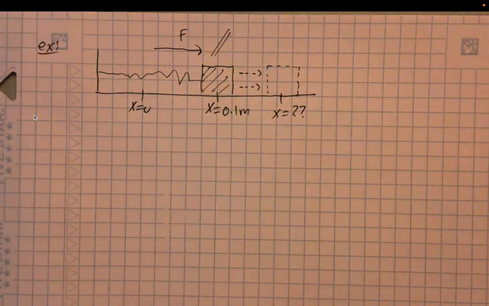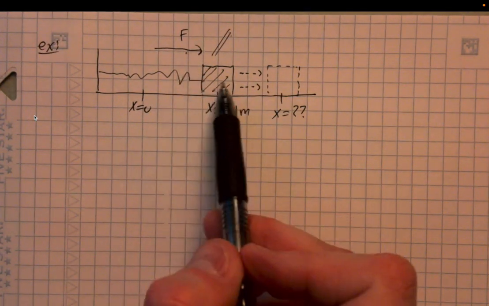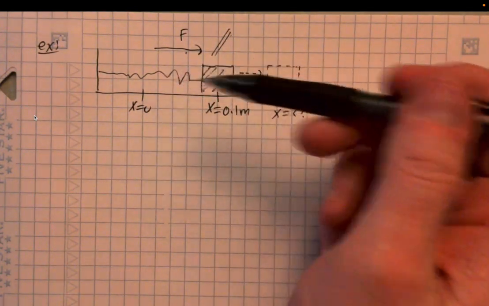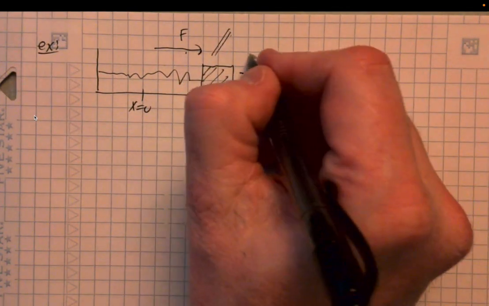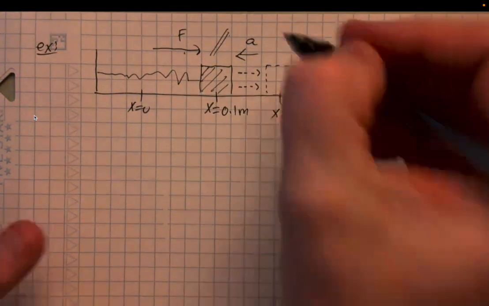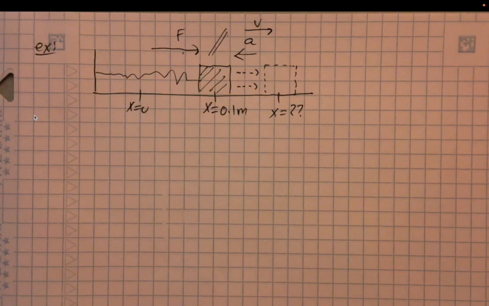Because with this force removed, the only force acting on the block is the spring force, and the spring force is in that direction, so you have a net force to the left, and the acceleration throughout this region is going to be to the left. But the velocity we saw earlier will be in the rightward direction for some amount of time. So how long will it take before that acceleration pulls it back? The spring force pulls it back.